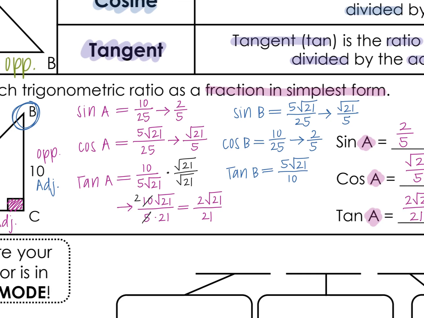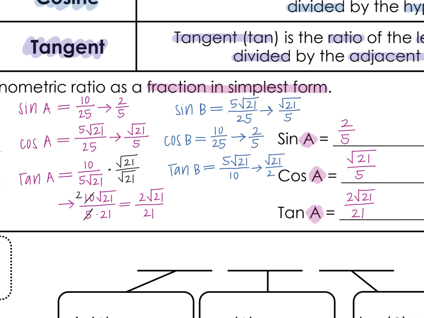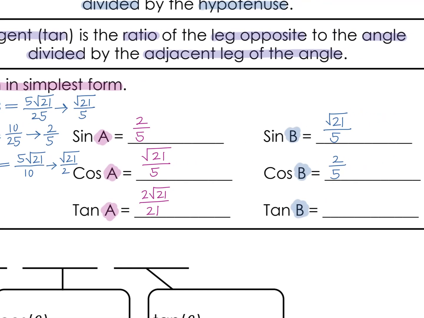So here that 5 over 10 will reduce, and when we reduce it, we are going to get root 21 over 2. All right, so that's how you do those problems.